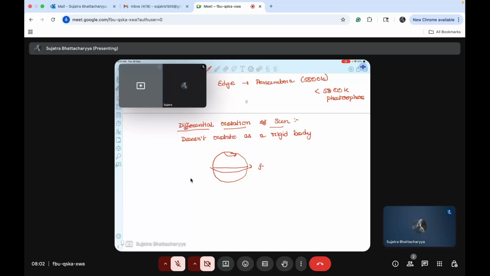The fastest is about 25 days, let's say, and the slowest is about 35 days. So the equator rotates faster than the poles.